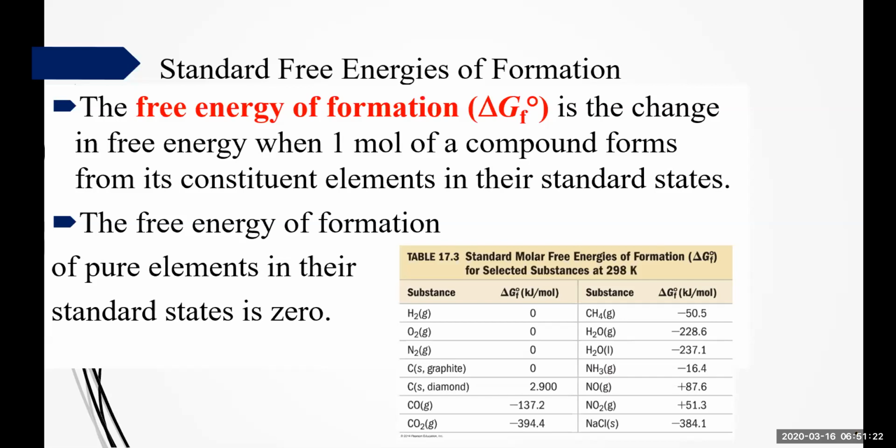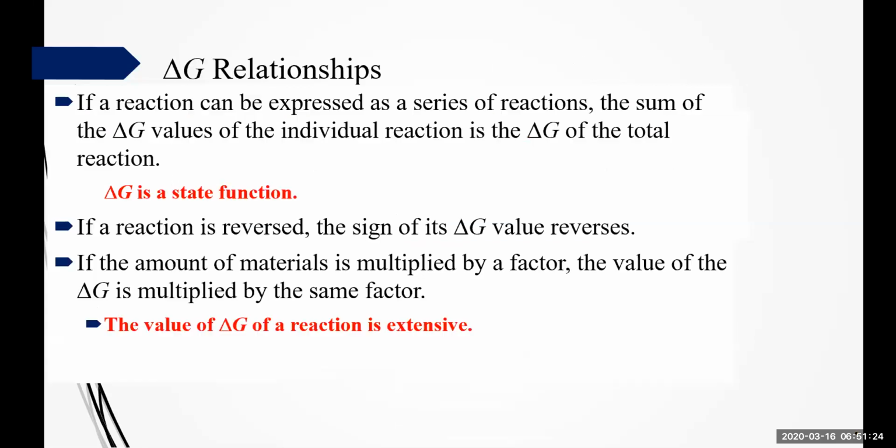So all of these things hold true because Gibbs free energy is a state function, which means that it doesn't matter which pathway you choose, whether it's breaking it down into different reactions, going from their standard heats of formation and entropies of formation, or from their Gibbs free energies of formation, those are all going to give the same delta G value at the end.